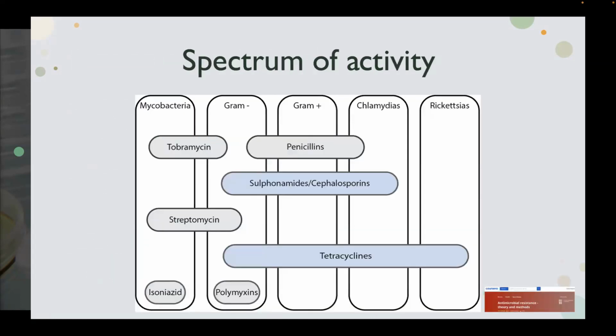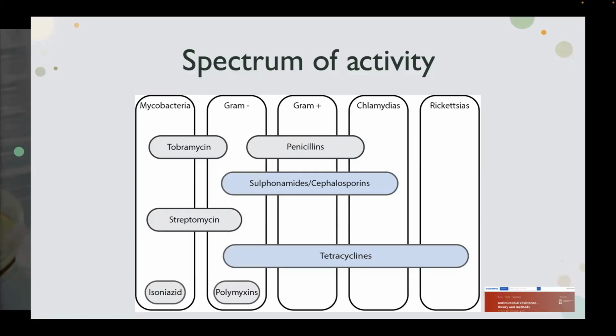The spectrum of activity is another one from their slides, so you can see what the range is. The penicillins, and ampicillin is a broad-spectrum penicillin, have been shown to work on gram-negative, gram-positive, and chlamydial organisms, more narrowly than the sulfonamides.